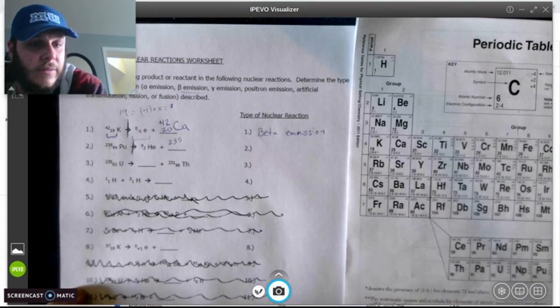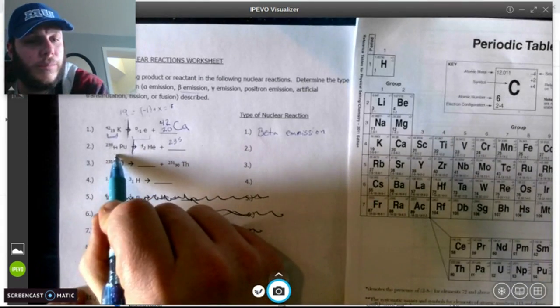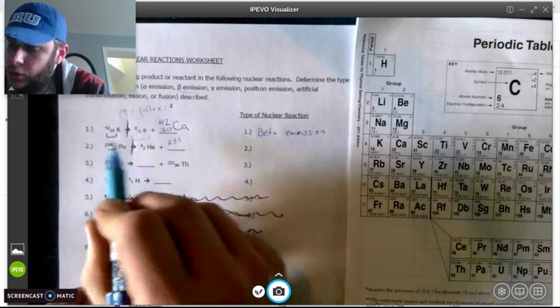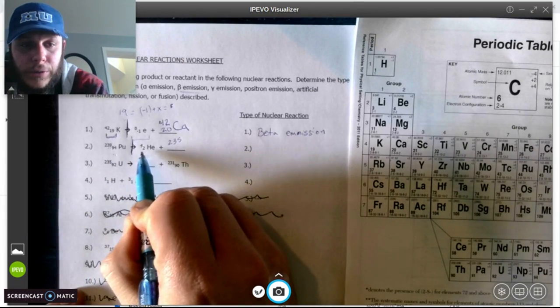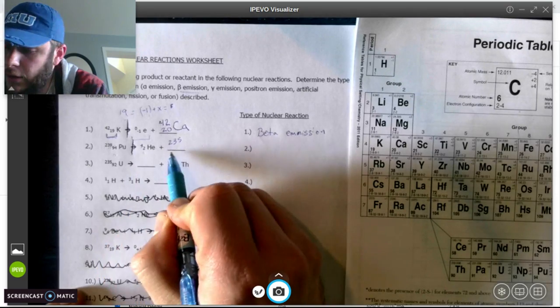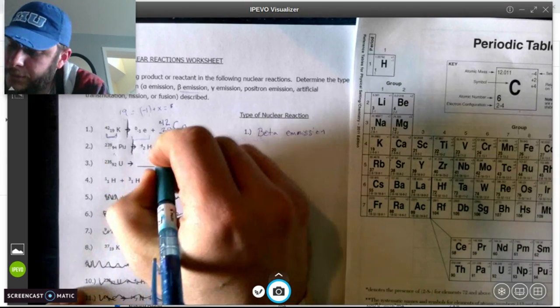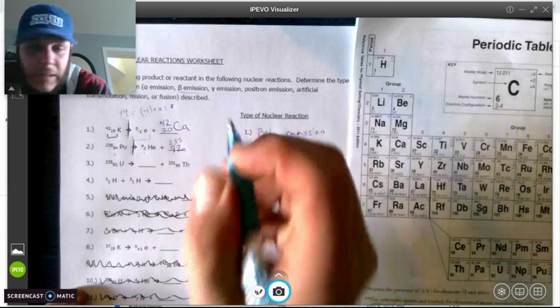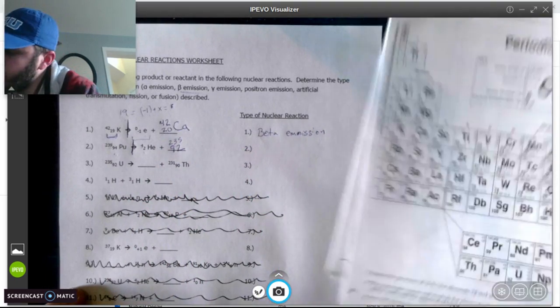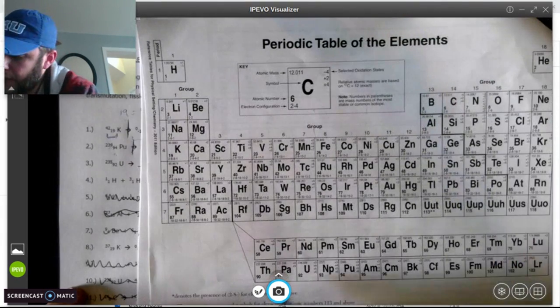94 was the total number of protons I had. So if my new particle has 2, how many are left over to still keep that 94? 92. Go to my reference table. Atomic number 92 is uranium.